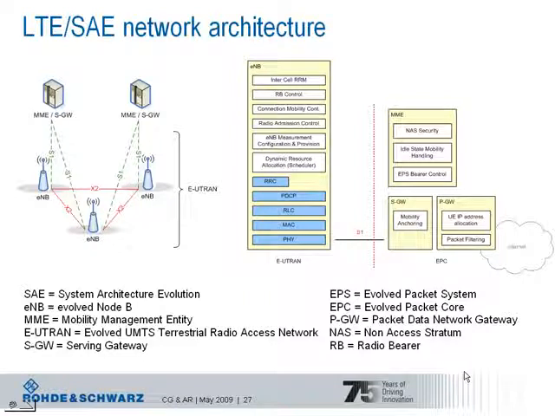So you see the complete protocol stack for the radio protocols: physical layer, medium access control layer, MAC, radio link control layer, RLC, packet data convergence protocol layer, PDCP, and radio resource control layer, RRC, are part of the base station or are terminating in the base station.